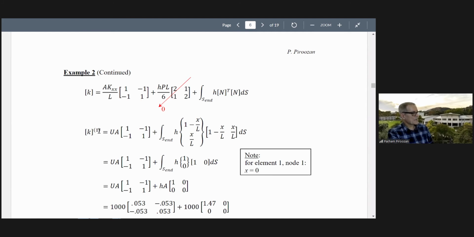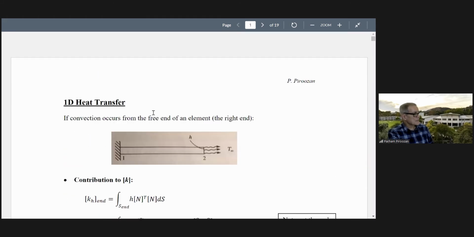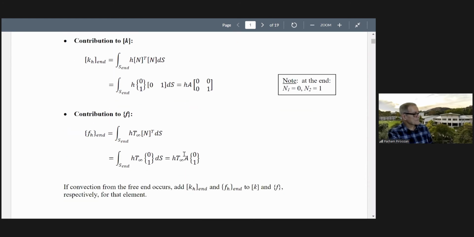Then this would be K1 for element 1. Remember we talked today about convection taking place from the end. That's what we are using here. We said that we have to add it to K for that element, and we have to add this one to F. That's what we are doing here.